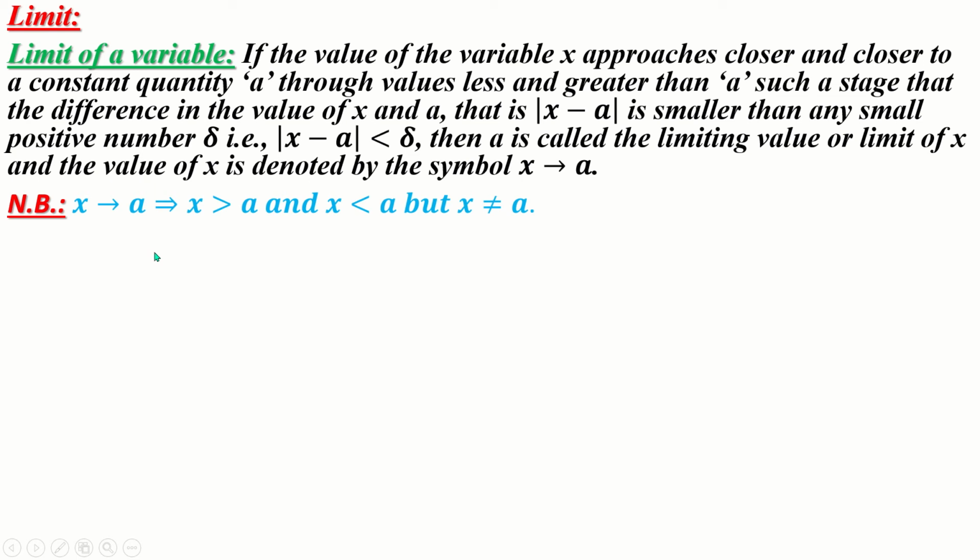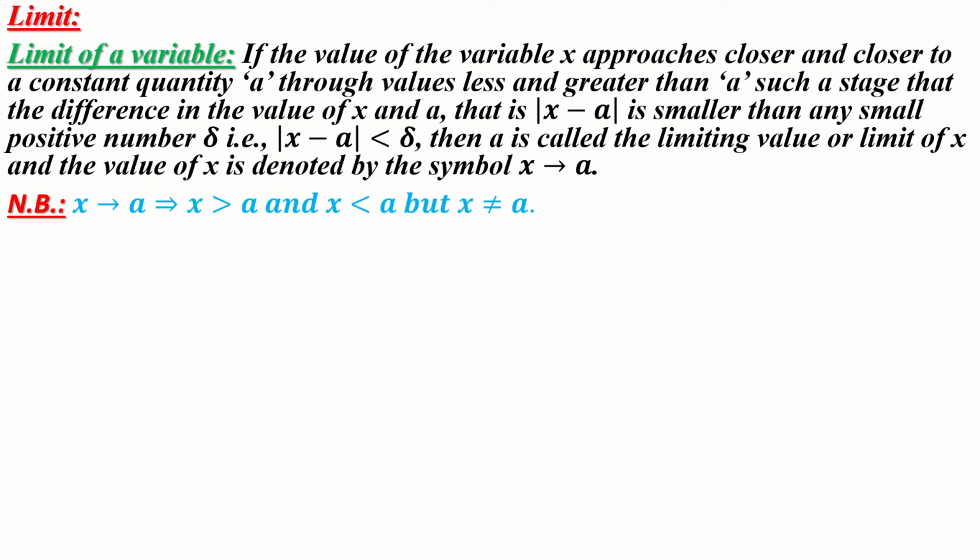And the limit is used for finding the value of an undefined function. For example, a function f of x is equal to 1 divided by x. 1 divided by x is a discontinuous function or undefined function at the point x is equal to 0. When we put x is equal to 0, the value of this function will be 1 divided by 0. 1 divided by 0 means this is an undefined function. This is discontinuous at x is equal to 0.